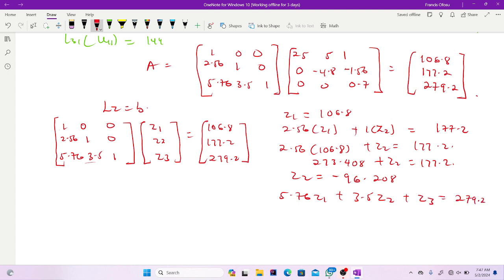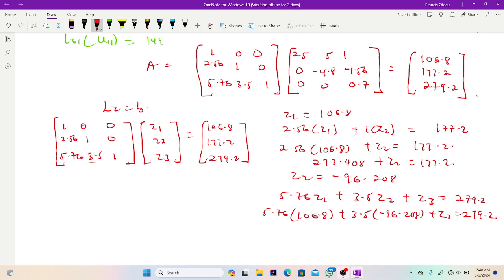Okay. So at this point, I know my Z1, so 5.76 times Z1, which is 106.8, plus 0.5 multiplying Z2. Z2 is giving us negative 96.208, then plus Z3, which I haven't found, is equal to 279.2.